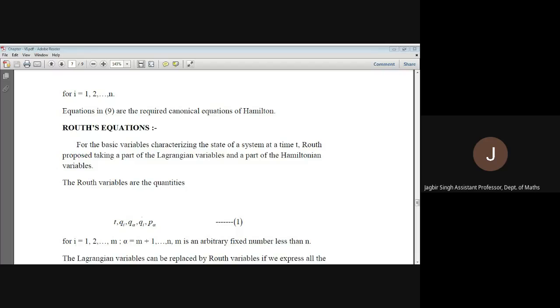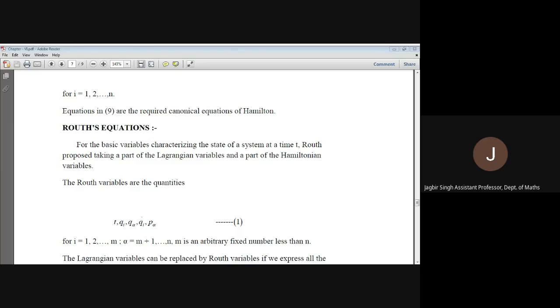replacing all the generalized velocities with the generalized momenta, we can try a new thing: some of the generalized velocities can be kept and some can be replaced with the generalized momenta. So he said to consider both types of variables, some Lagrangian and some Hamiltonian.